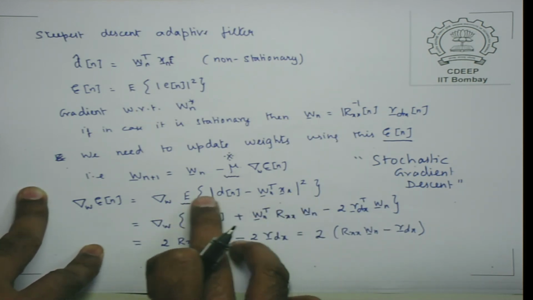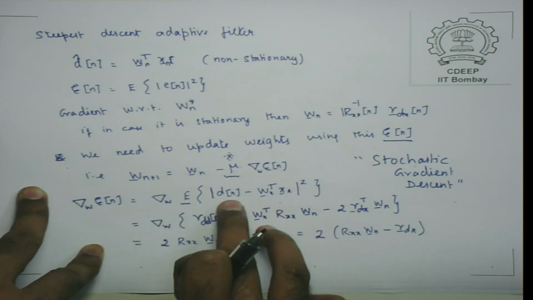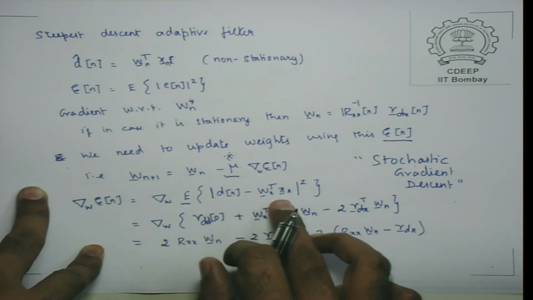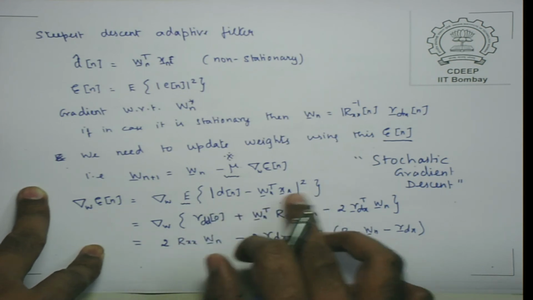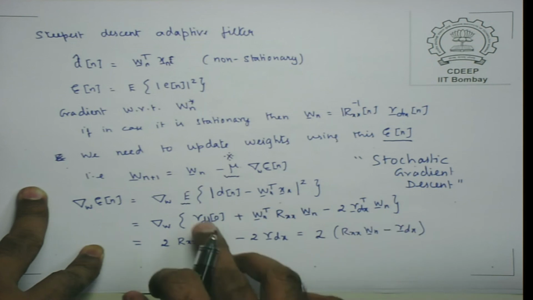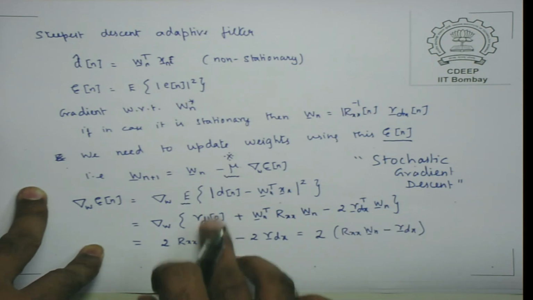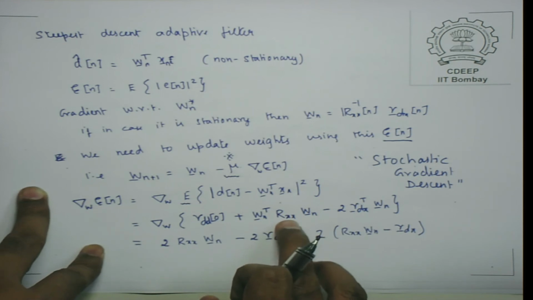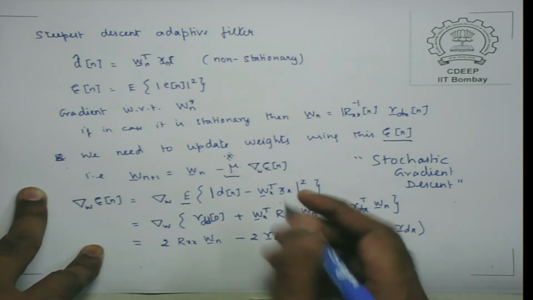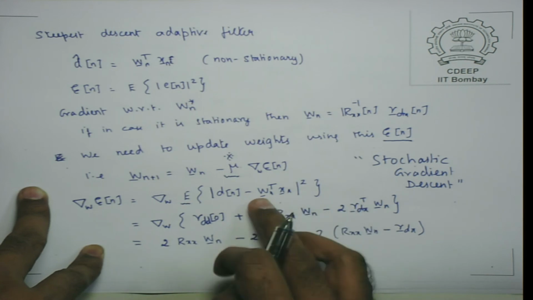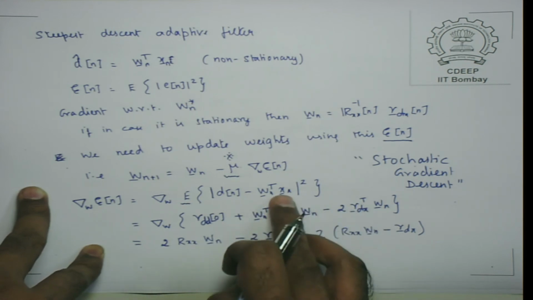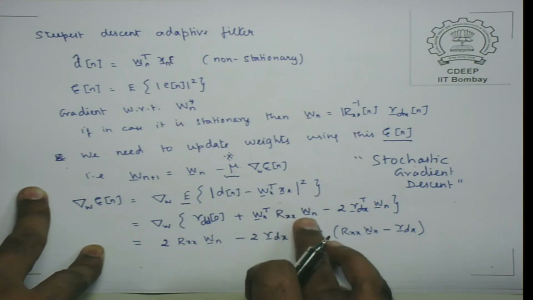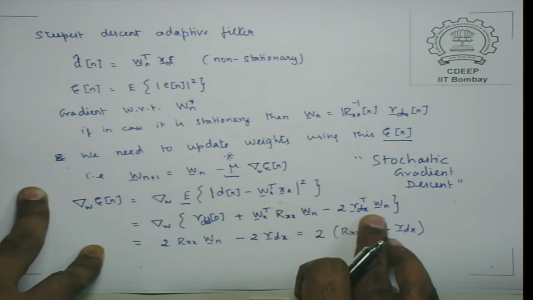We could apply the expectation, again do this dn minus wn times xn, multiplied by its conjugate. You expand it out. The first term will depend just on this d of n. The last term will be an inner product of wn transpose times the expected value of xn times xn transpose times wn, that is this term, and this other one is the cross term here.